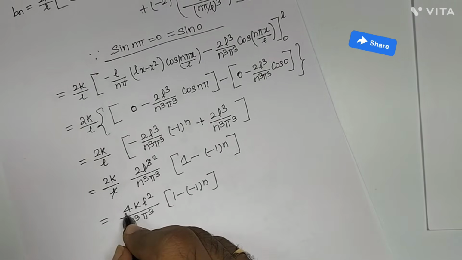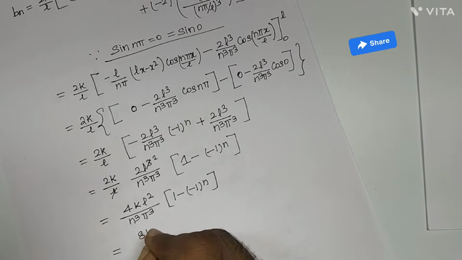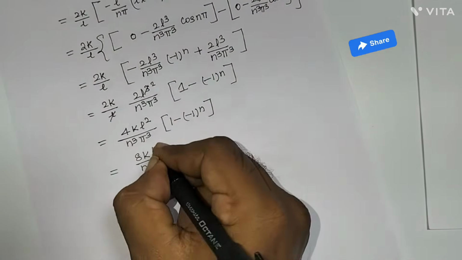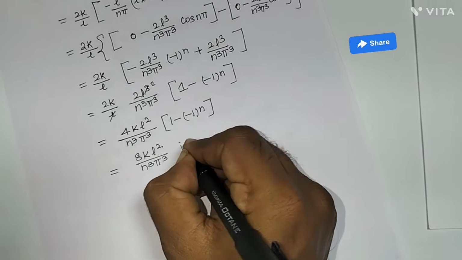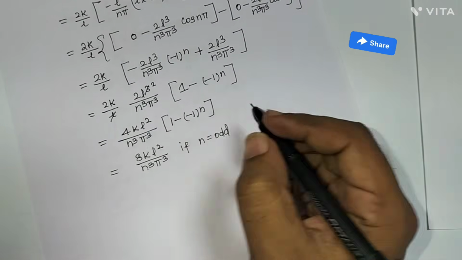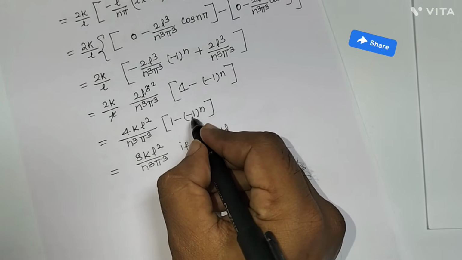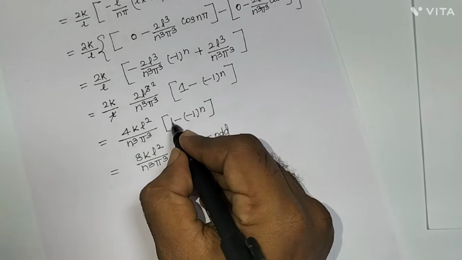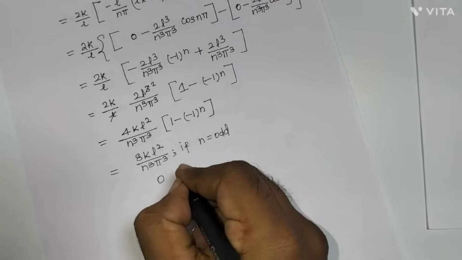So I will get the answer 8k L square divided by n cube pi cube if n is equal to odd number. When I substitute n equal to even number, this minus 1 converts to plus 1, so 1 minus 1 is 0, your entire answer becomes 0 when n is equal to even number.